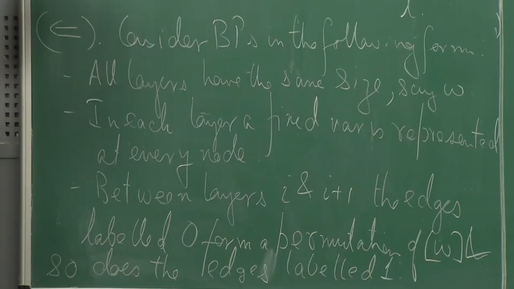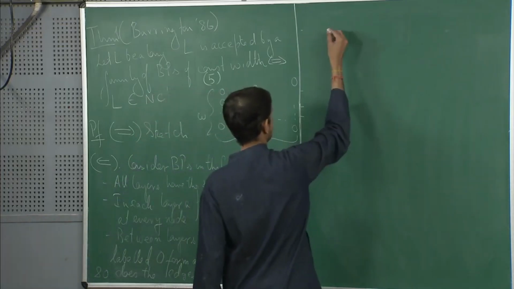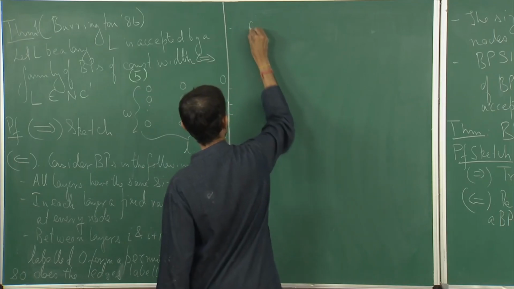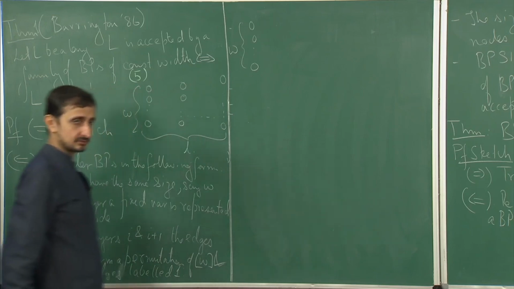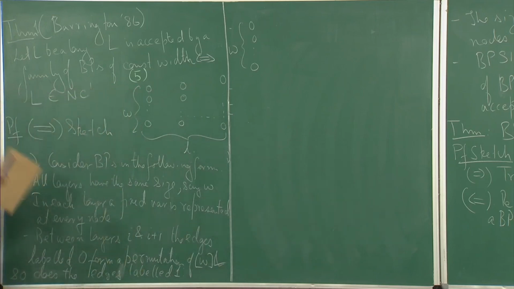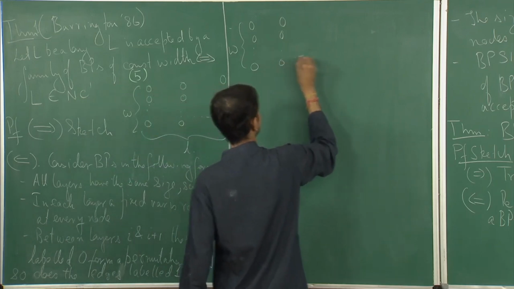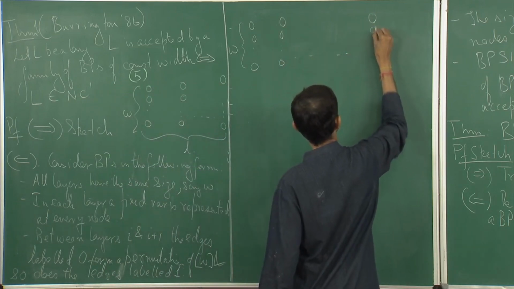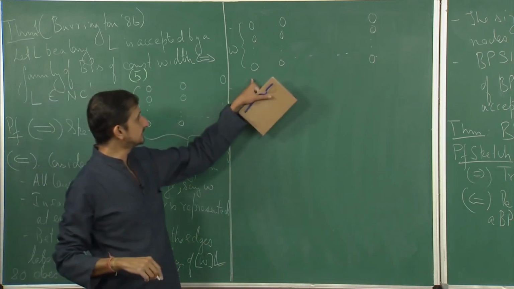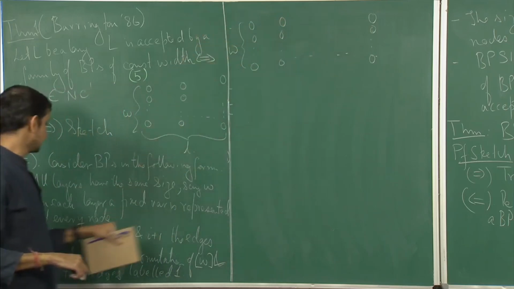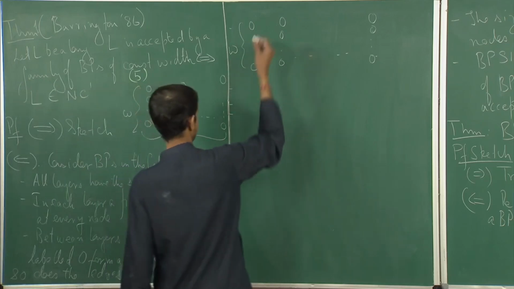Again, let us look at this with an example. If I look at the branching program, I have a fixed width now. At every layer I have exactly W many vertices. Now, every vertex in a given layer is labeled with the same variable. We can ensure that as well.